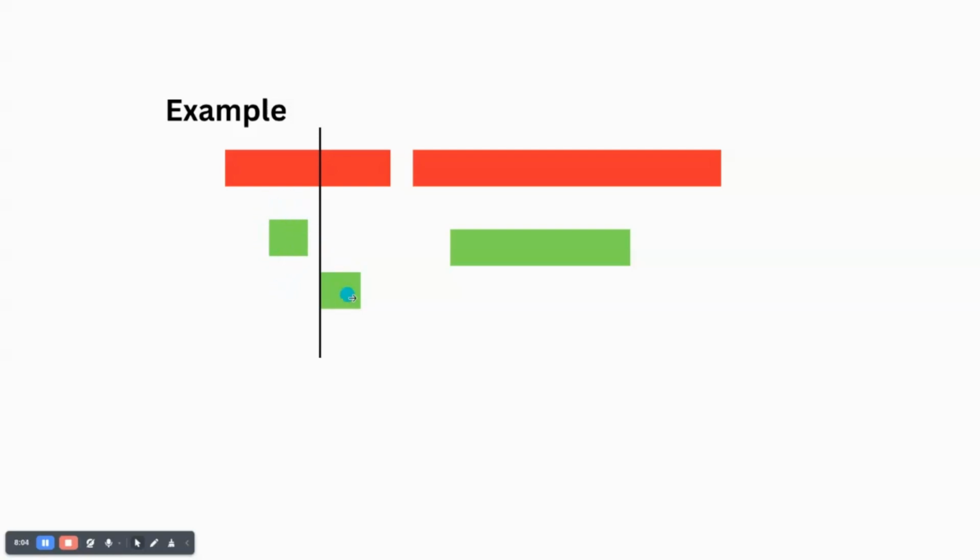And when we get to this point, we will check if the starting point of this interval is actually less than or equal to the ending point of the interval that we had before. And in this case, it is greater, so this means that we can have 2 intervals that are not overlapping. And we move on.